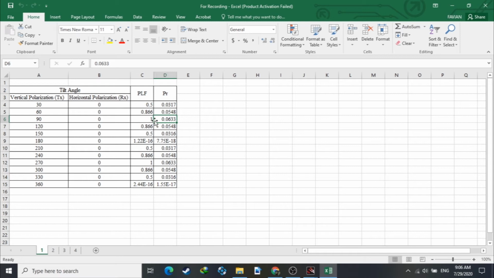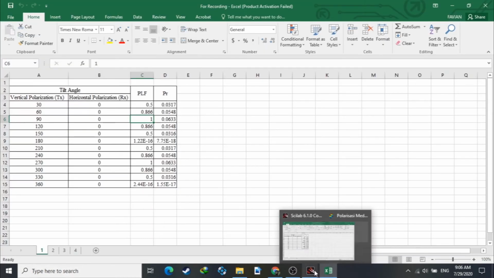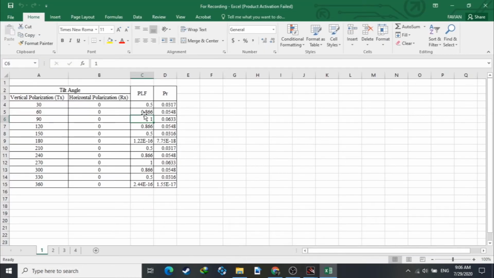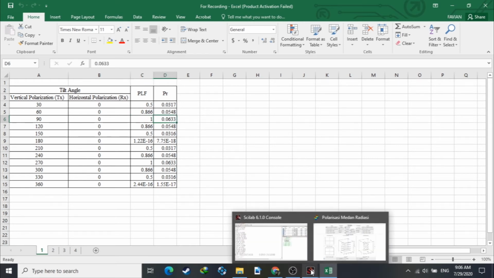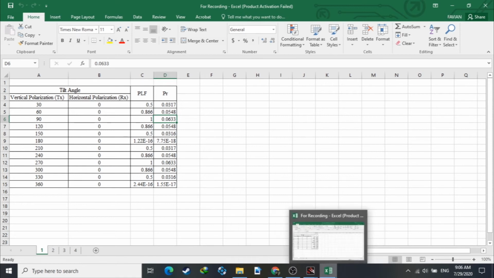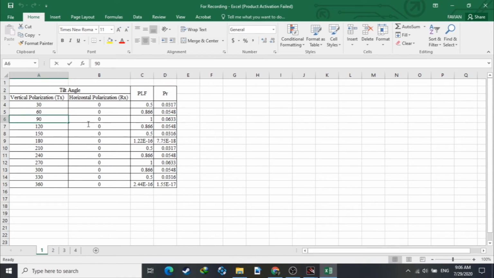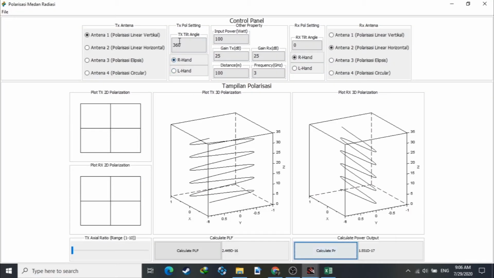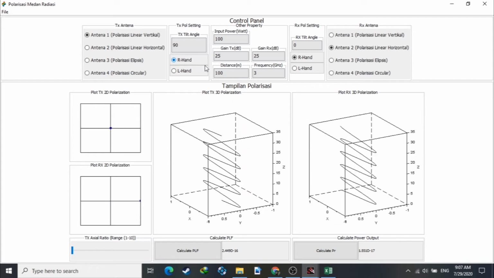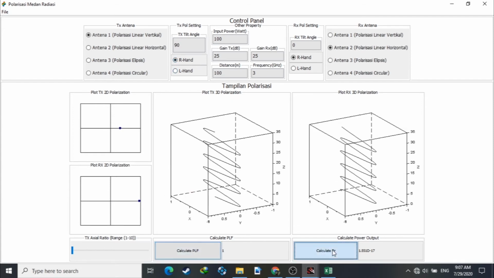Okay, so how does this happen? We're going to try it in here and look at why, if the PLF gets bigger, more power gets received. Okay, so if we change the vertical polarization in here to 90, it's getting 1.